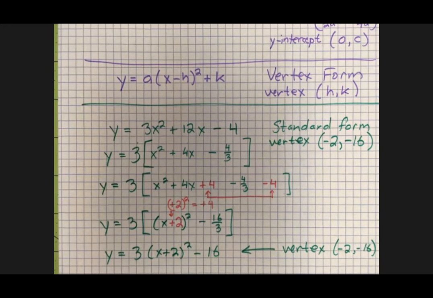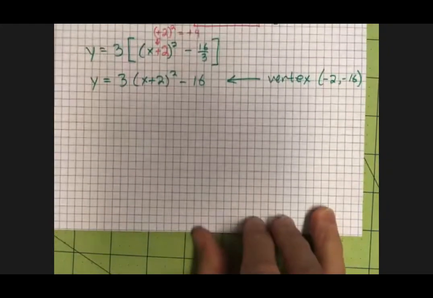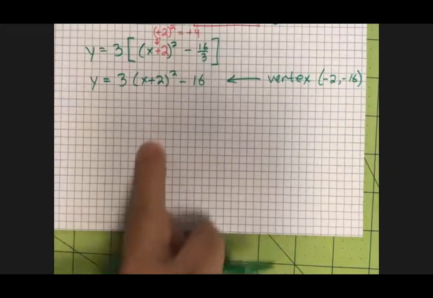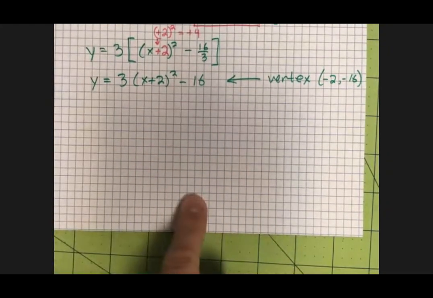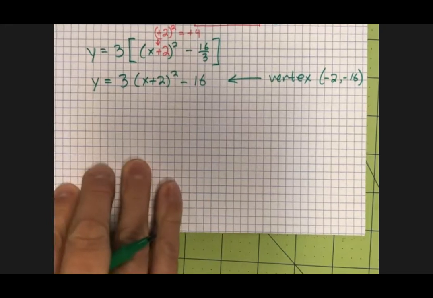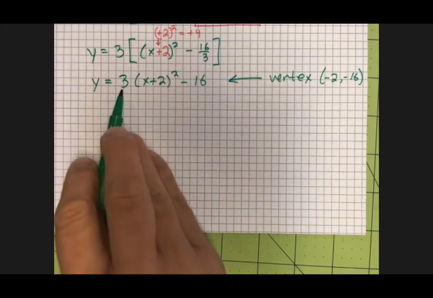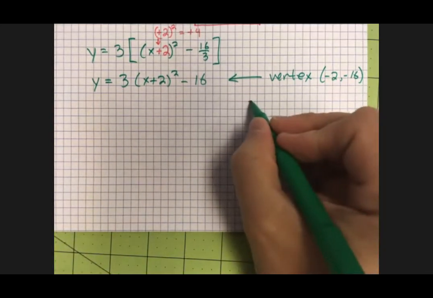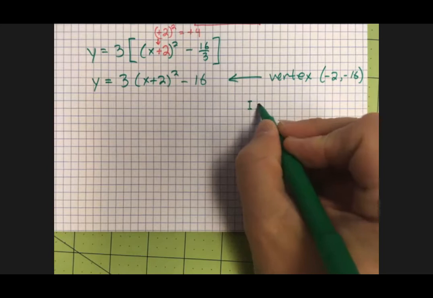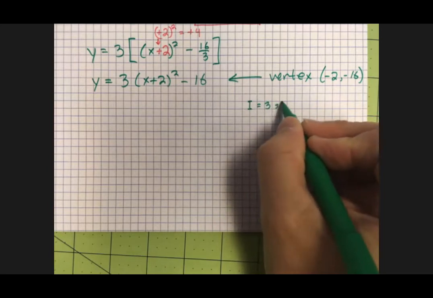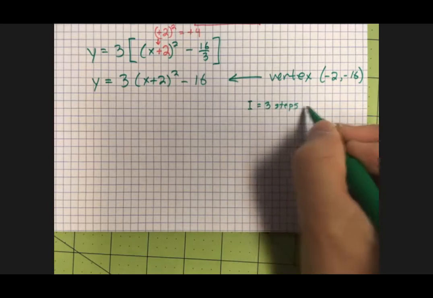Now, one more step. I'm going to draw it, but I don't have a lot of paper left here, right? So what's the trick I showed you? When the A is 3, why don't you make every vertical box worth 3 units?